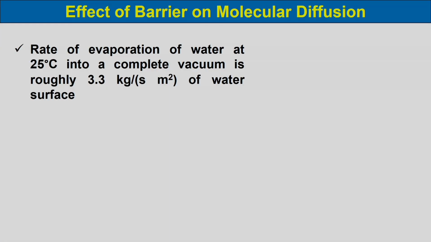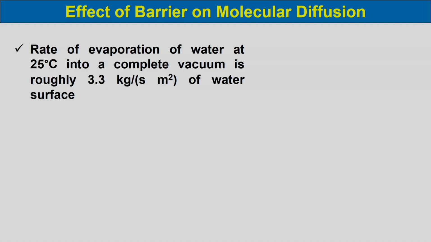Effect of barrier on molecular diffusion. Take a system where water is kept in a reservoir with vacuum above it. The rate of evaporation of water at 25 degree centigrade, with complete vacuum, is quite high, around 3.3 kg per second per unit area of water surface.